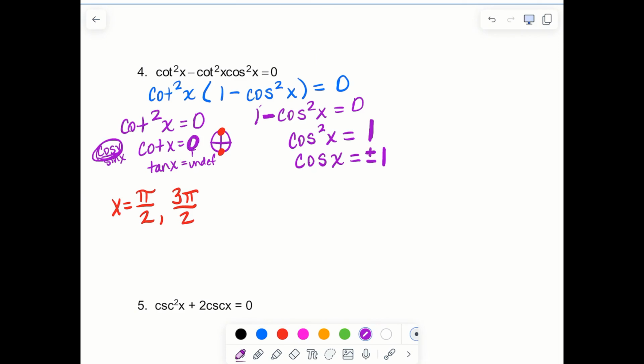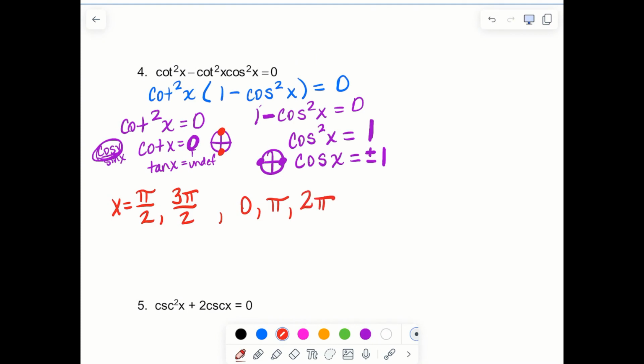Obviously, I didn't do that with 0, since plus and minus 0 is the same thing. But any other trig function, any other number, you would have to make sure you do the plus and minus. So where is cosine plus or minus 1? Well, I got here and here, so I need to add 0, pi, and 2 pi.